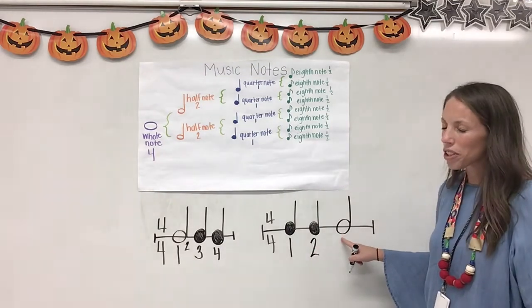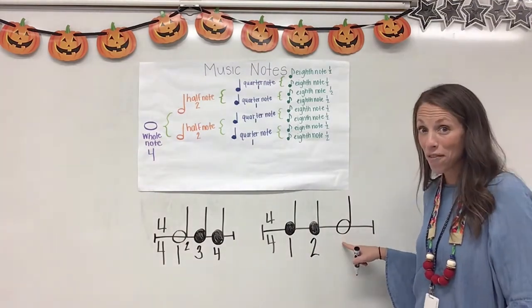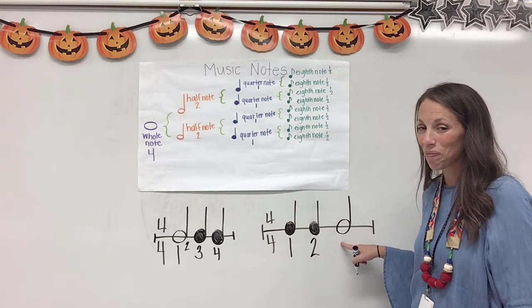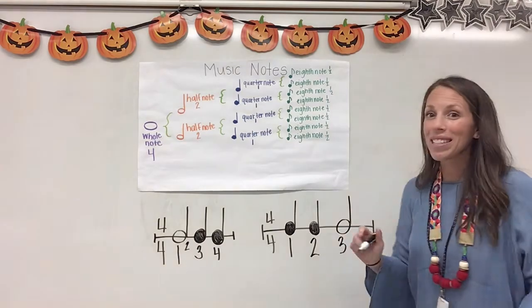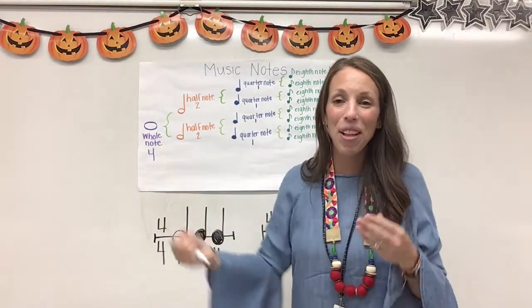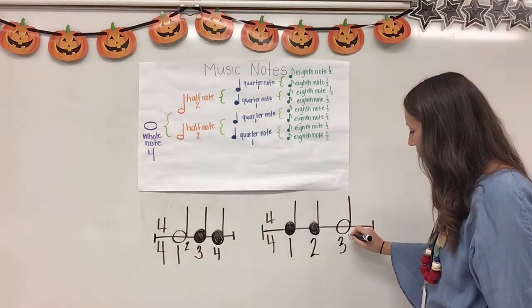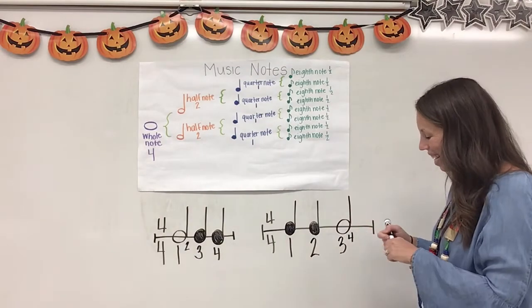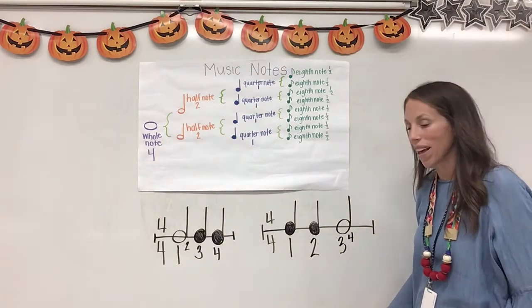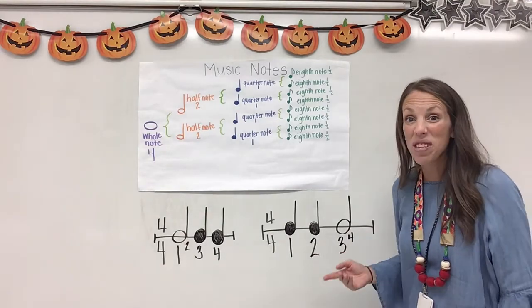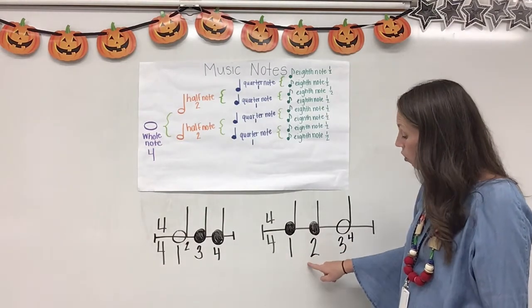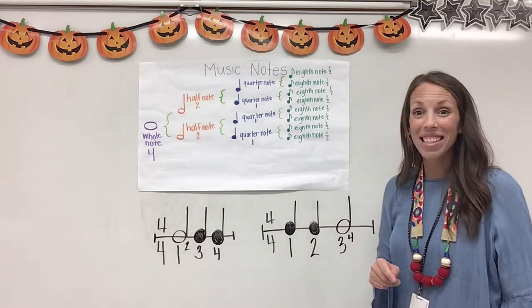And then which beat will this half note begin on? That's right, B3. And it will sustain through B4. Yes, and our 4 is nice and small because that is the beat we sustain on. Great job. So now let's read this and play it together.